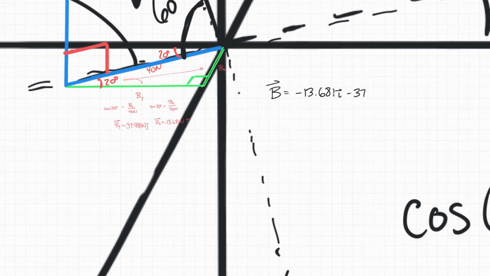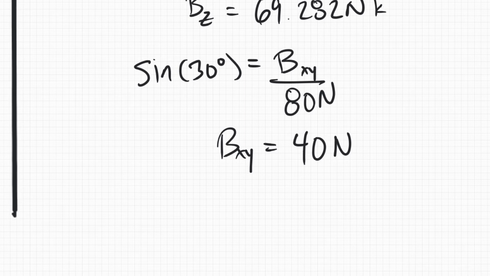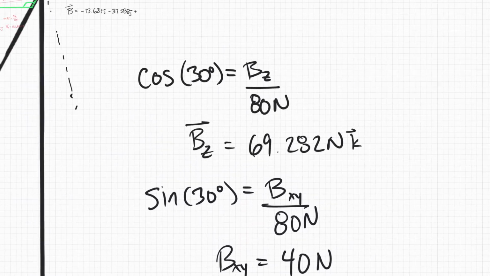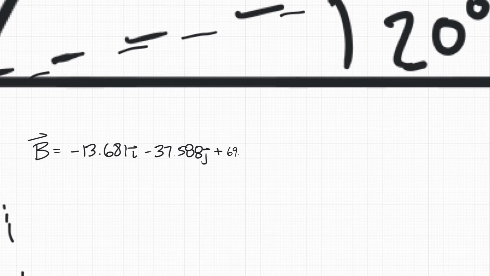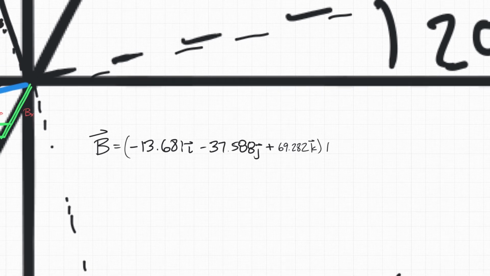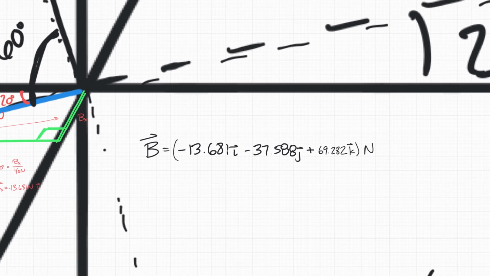Minus 37.588, that's our j. And then our k, where's our k? 69.282 k, and that is newtons. So there's our B.